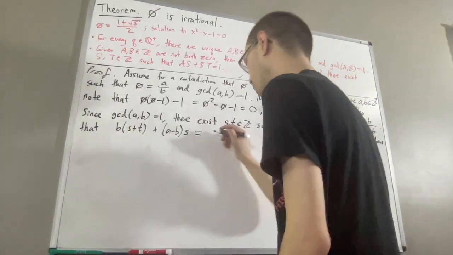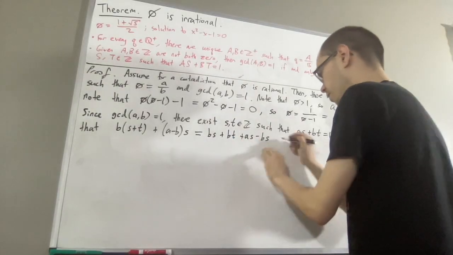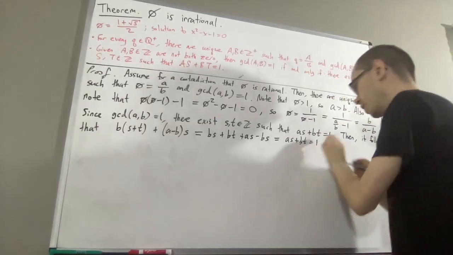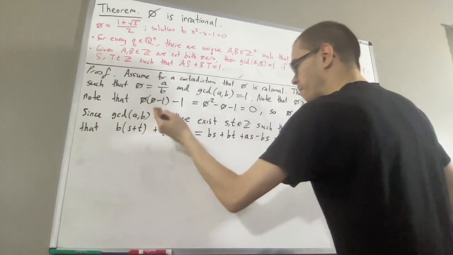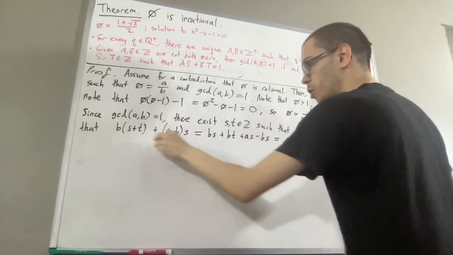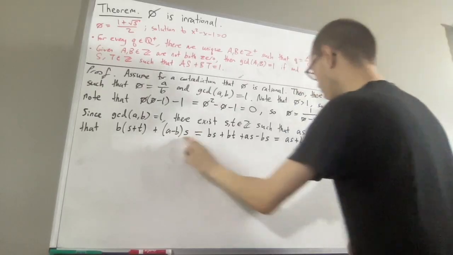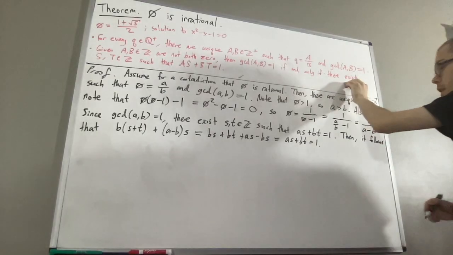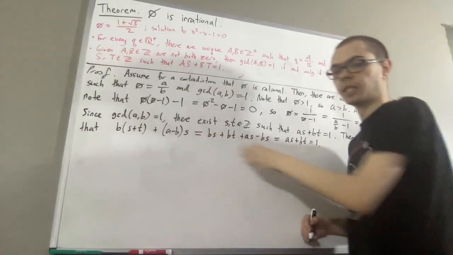So expanding this out, we get this. The bs cancel out, so we're left with as plus bt, which we know is equal to 1. So this shows that we have found a pair of integers, such that if we do b times the first integer plus (a minus b) times the second integer, we get 1. So that means according to this result, it follows that the greatest common divisor of b and a minus b is equal to 1.